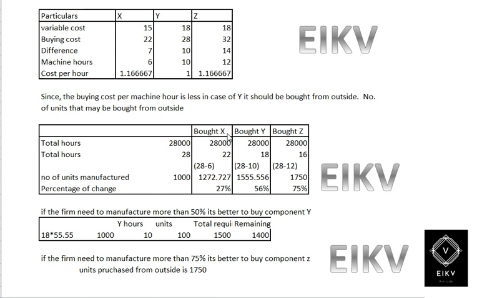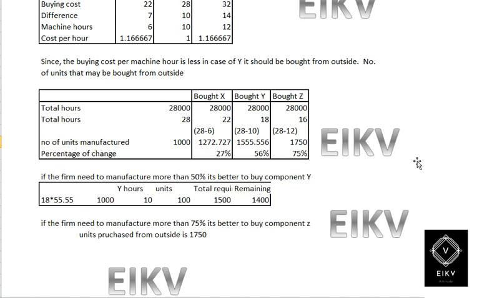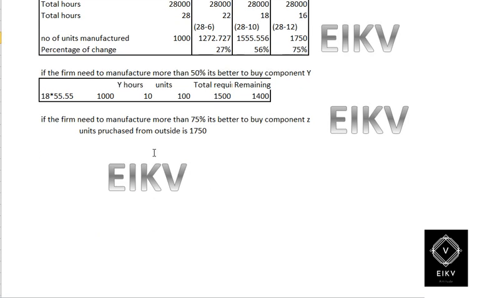That is the total quantity divided by the 1000 units made at present. When X is bought, 1272 divided by 1000, and 1555 divided by 1000, and 1750 divided by 1000 will give you the percentage. After that, if the firm needs to manufacture up to 50 percent more, it's better to buy component Y.